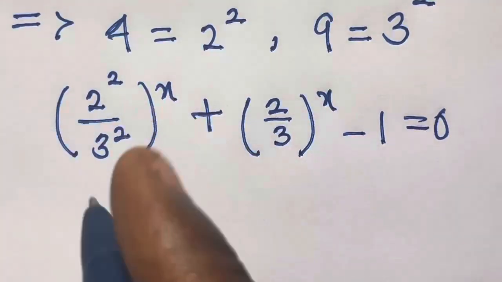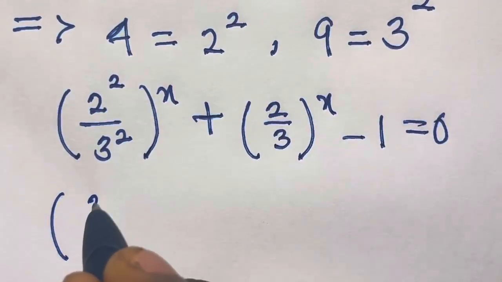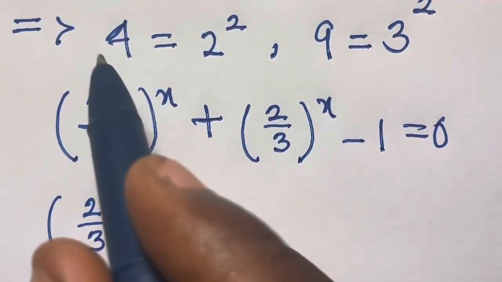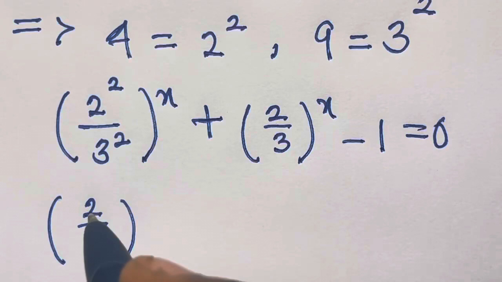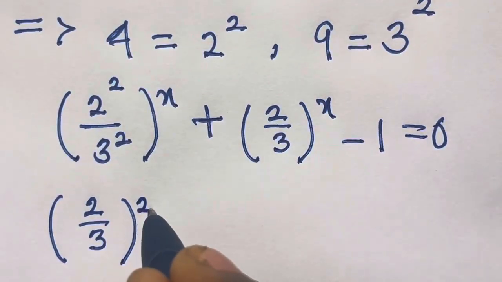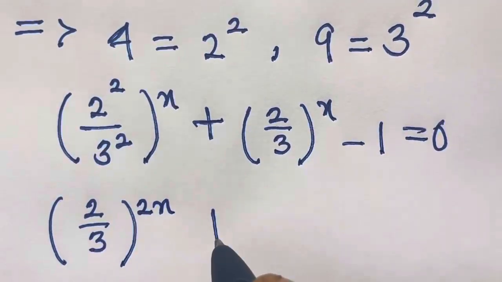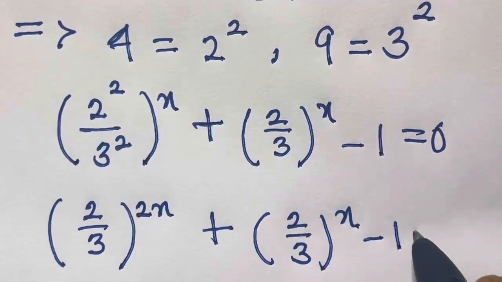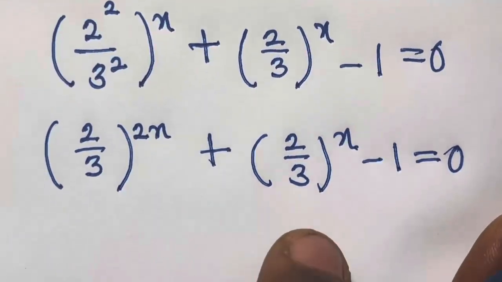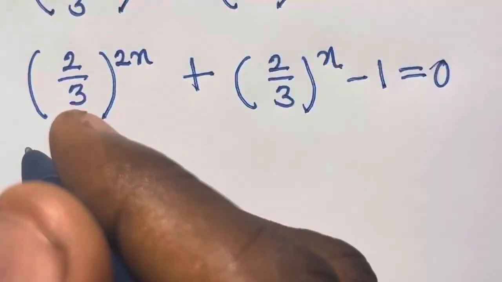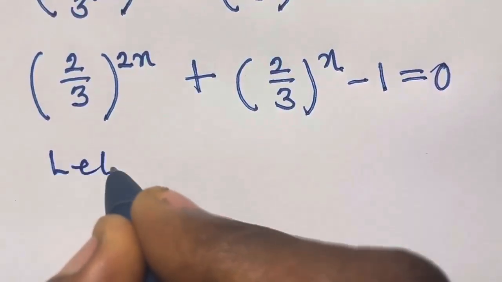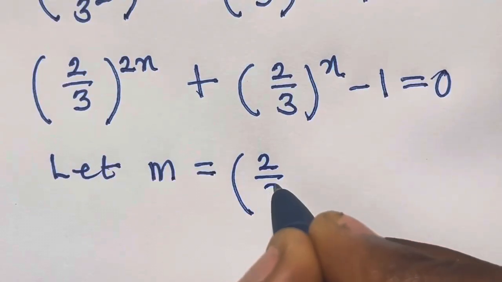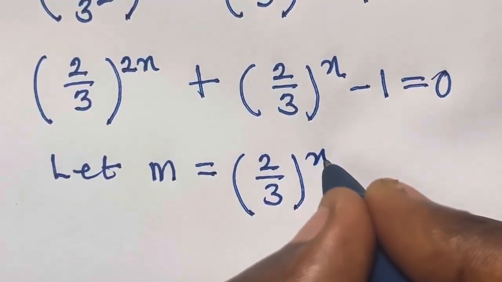So now here we have 2 divided by 3. Because this is raised to power 2, just apply the other one like we did. So we have 2 multiplied by x will give us 2x, plus 2 divided by 3 raised to power x minus 1 equals 0. So from here we let our m equal 2 divided by 3 raised to power x.